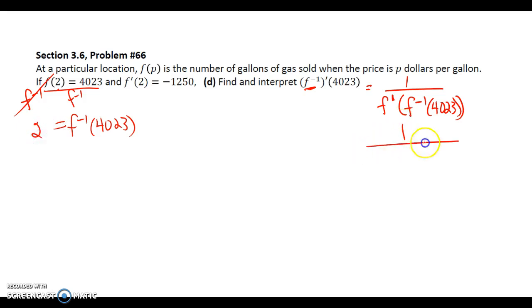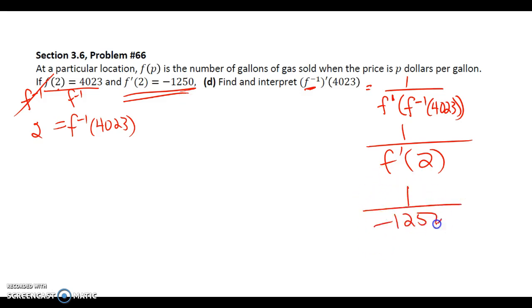So this becomes 1 over the derivative of the original function at 2, which they actually give to us, which is 1 over negative 8 times 10 to the negative 4. Pretty sure I have this in my notes somewhere. Alright, so what is that exactly telling us? Yeah, this is negative 8 times 10 to the negative 4.